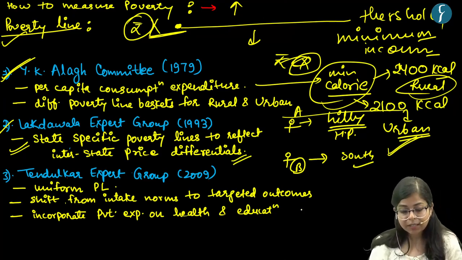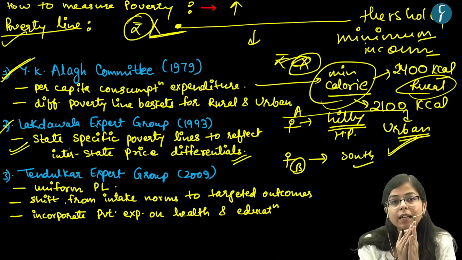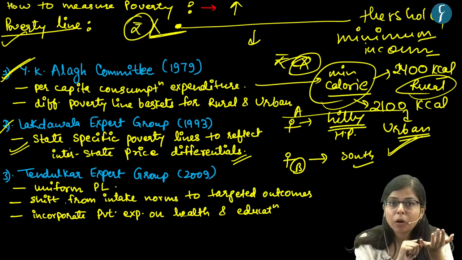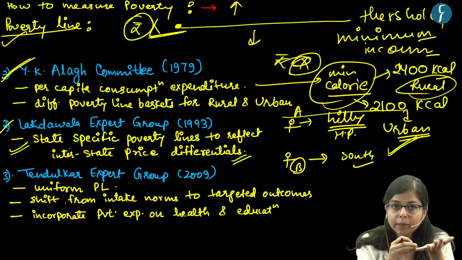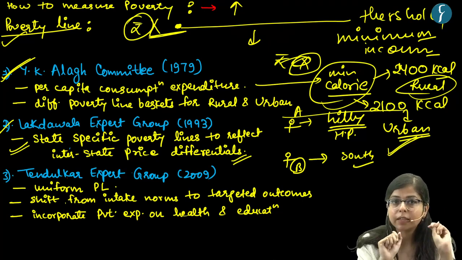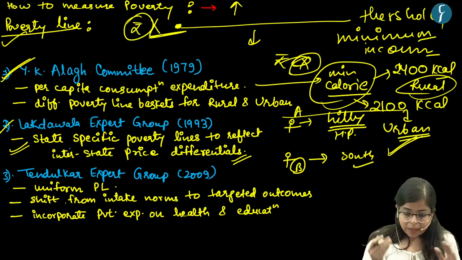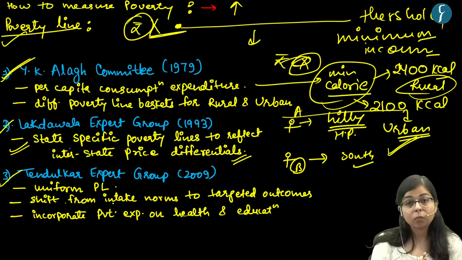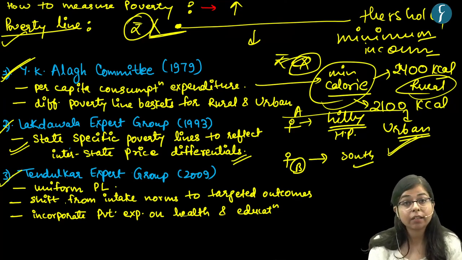Now, if you see these two committees for estimation of poverty line in the country, one thing you will observe is that they only talked about income based or calorie intake based poverty line, but they did not include the expenditure on health as well as education to define poverty line, right? Now for that there was another group, the Tendulkar expert group, that was formed in the year 2009.